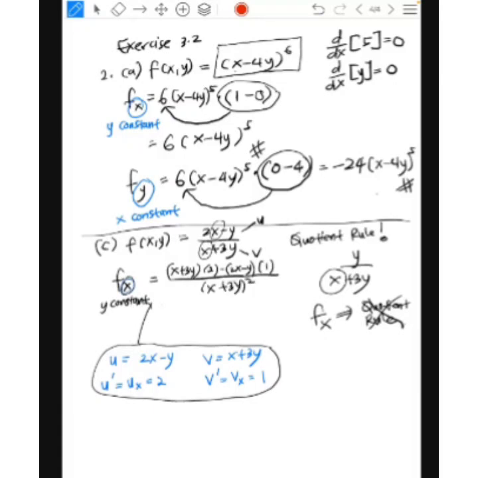So you have, simplify lah, 2x plus 6y minus 2x plus y over x plus 3y squared, or the 2x can be cancelled out. What's left is 7y over x plus 3y squared.